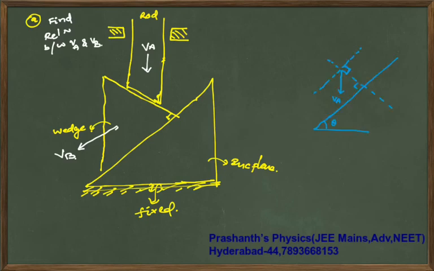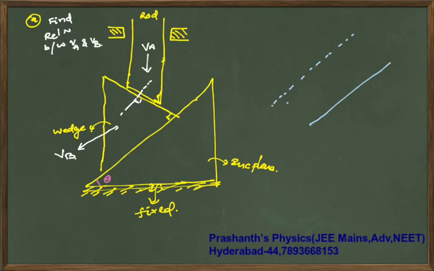Of course, take the angle as theta. Now, if you try to draw the common normal to these surfaces, it will be like this. Because this angle is 90 degrees, the common normal will be parallel to this line.